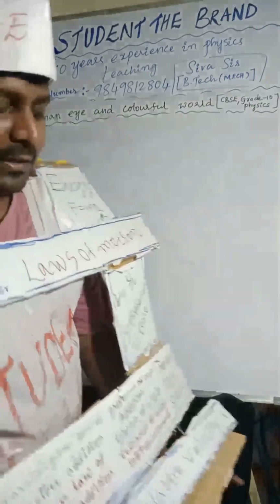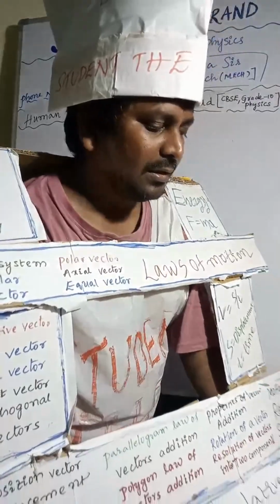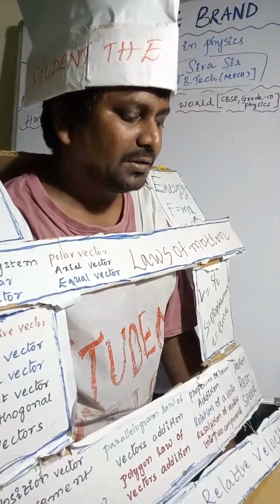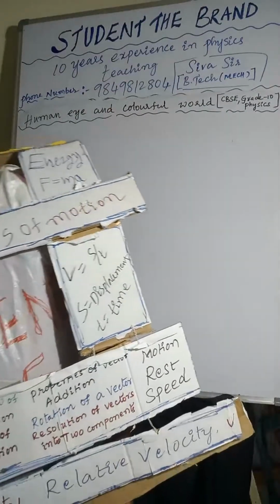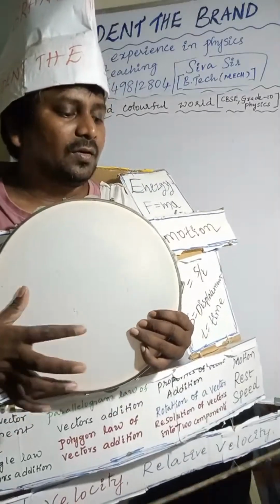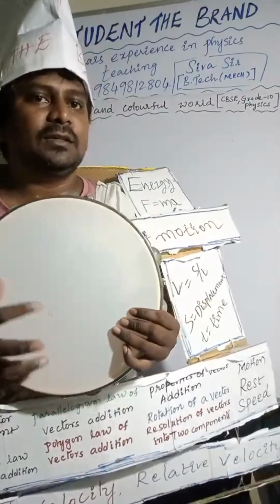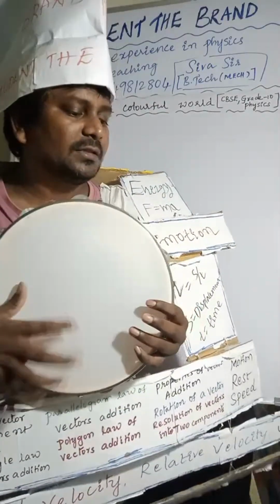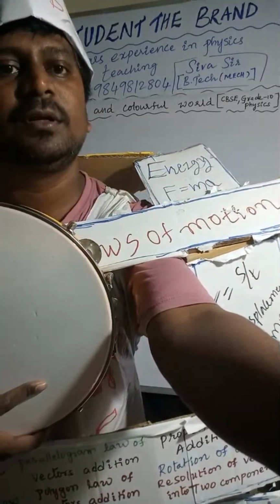New Cartesian sign convention. In the Cartesian sign convention, all distances are measured from the pole.